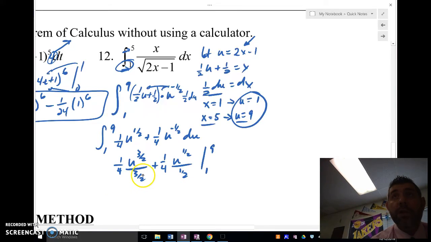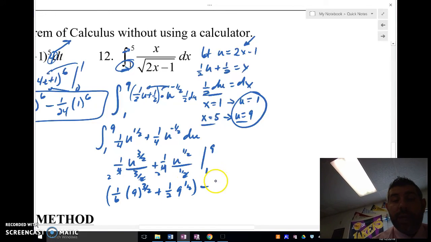This 2 is going to cancel out with this 2. It's going to be 1/6. So I'm going to have 1/6 9 to the 3/2 plus 1/2 9 to the 1/2 minus 1/6 1 to the 3/2 plus 1/2 1 to the 1/2.